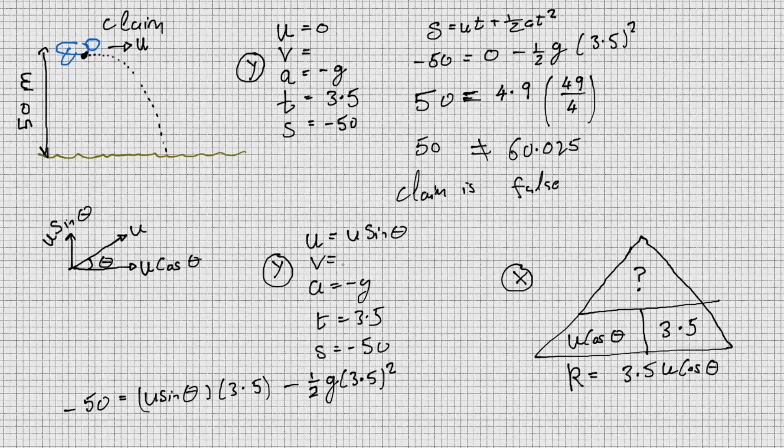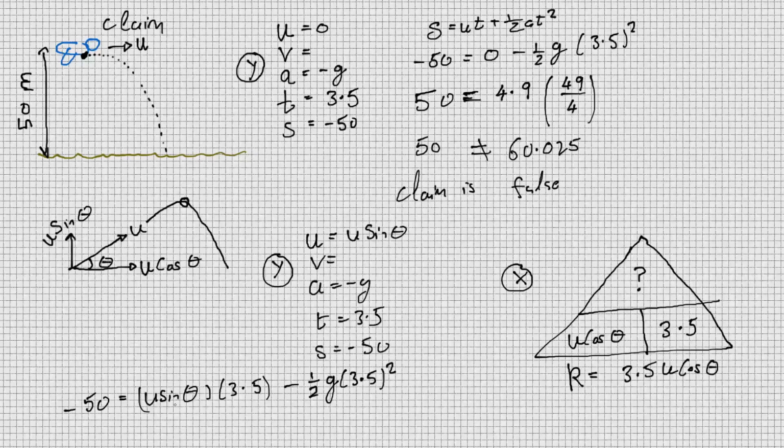So since they're looking for the maximum height, we need to know what happens when the v is 0. So let's see what equation we can make in that situation, and perhaps we have enough info here.